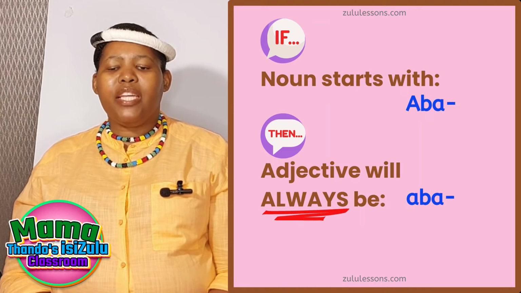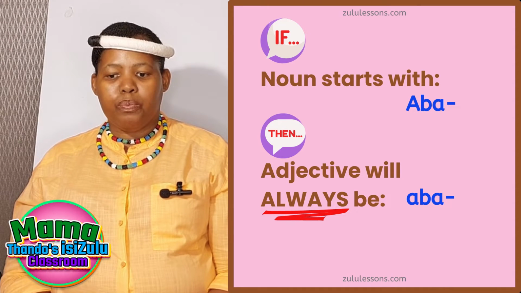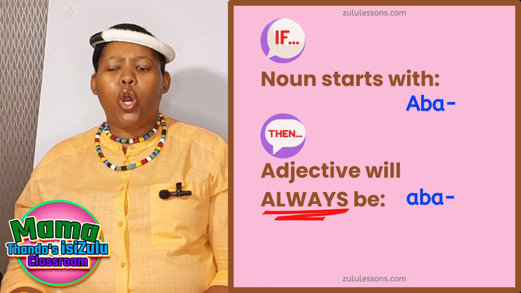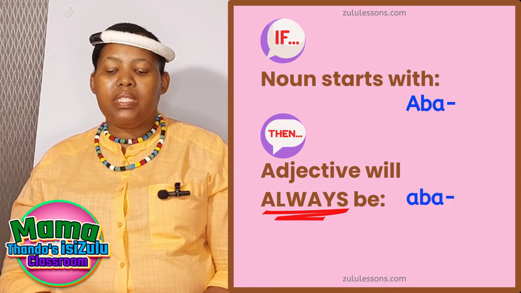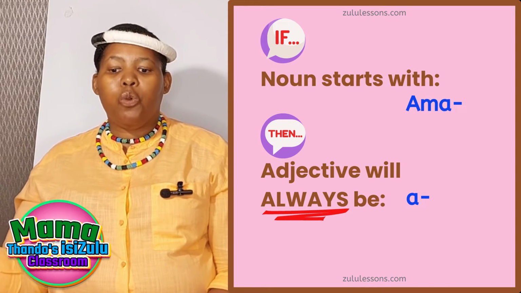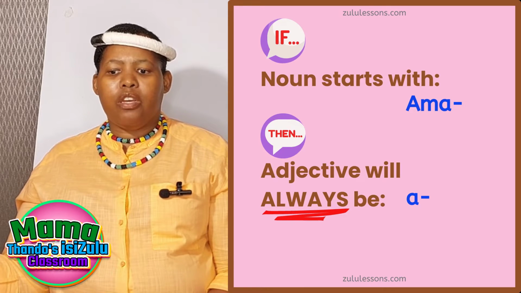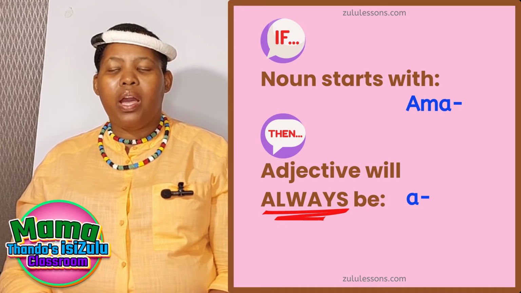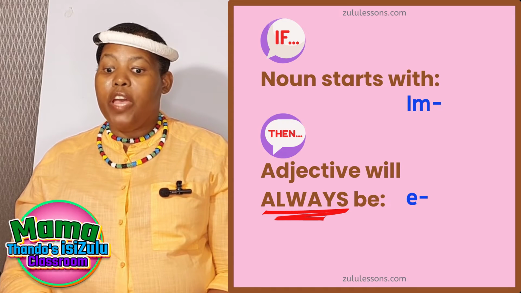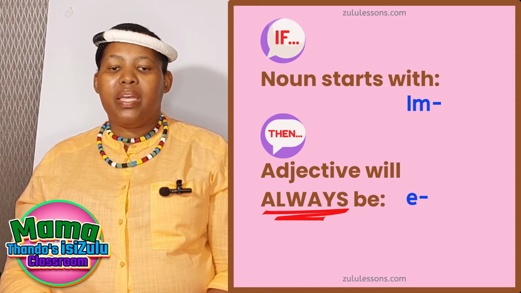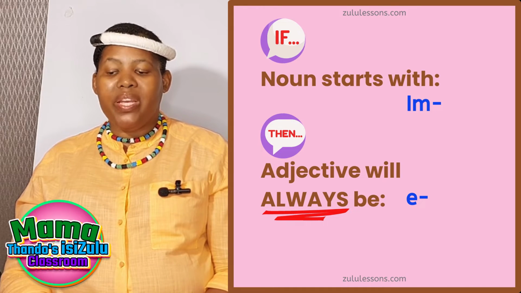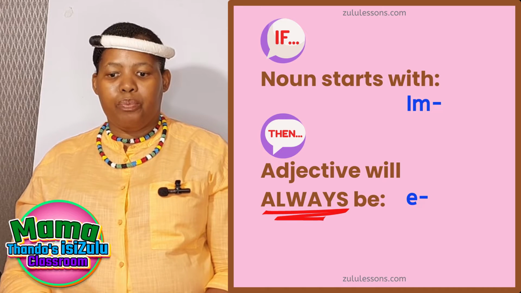If the word starts with aba, then its adjective will always have the prefix aba. If a word starts with ama, then the adjective will always start with a. If a word starts with im, then its adjective will always start with e.